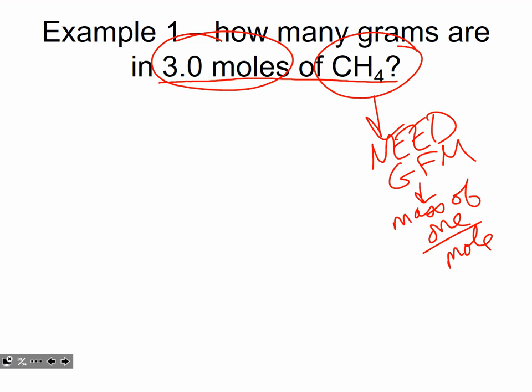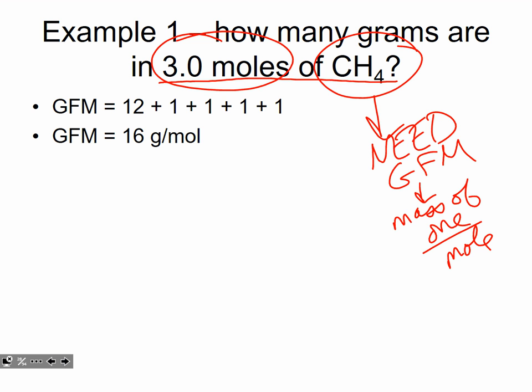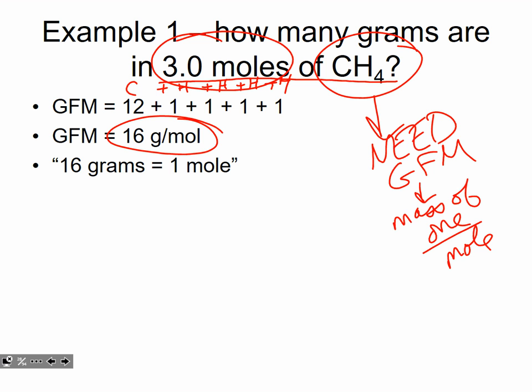So we figure out the gram formula mass. For CH4, that's carbon plus hydrogen plus hydrogen plus hydrogen plus hydrogen, or 16. 16 grams per mole. What does that mean? That means that 16 grams is equal to 1 mole for this particular compound. Different compounds have different masses, so it's not going to be the same conversion factor every time.